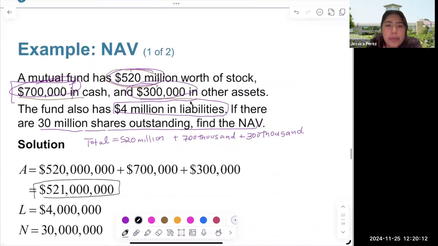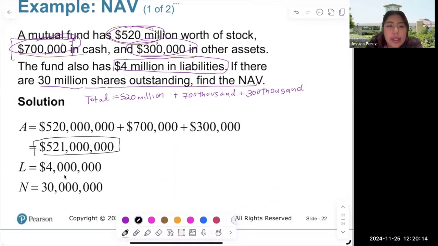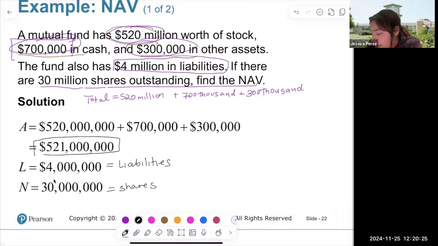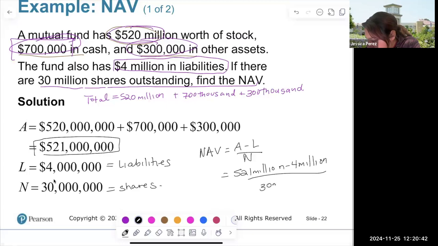Now you want to subtract your liability. Your liability is 4 million. This is the liability, and this N is the outstanding shares. So remember, the NAV is A minus L over N. So it's 521 million minus 4 million over 30 million.